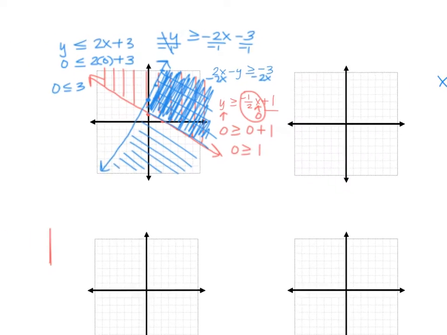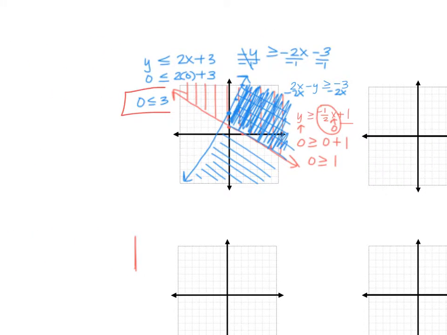Right? So 0 was less than, that was true. So then we shaded on the 0, 0 side. That's where we shaded all of that. So you're going to shade on the side of the line where 0, 0 is. What's the blue? Oh, that was the equation. That was this. Okay. Yeah.